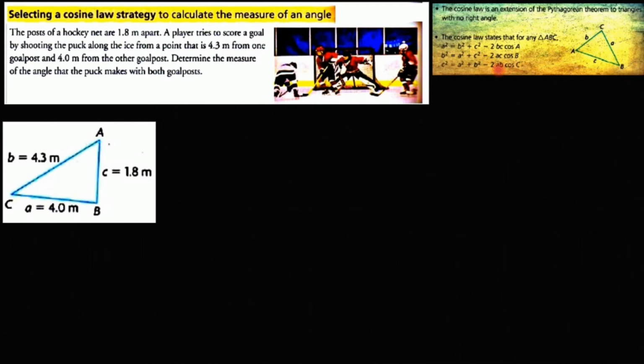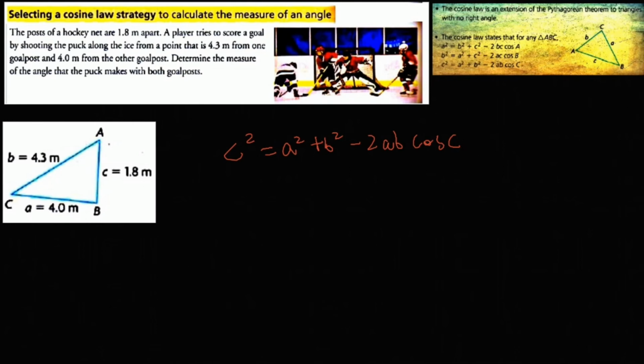So I just copy here: C squared equals A squared plus B squared minus 2AB cosine C, right? Just substitute the values.